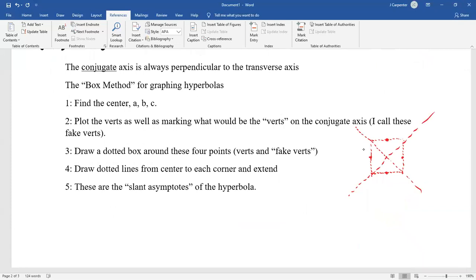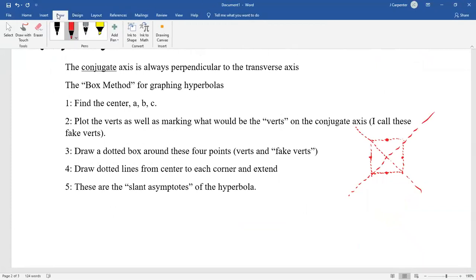So let's say, give me blue, let's say these were our real vertices. We're going back to the first example. Then you draw that kind of bending, parabolic, elliptical looking shape, but the further right or further left you go, the closer you're going to get to these slant asymptotes, something like this. And that is how that shape ends up being made.